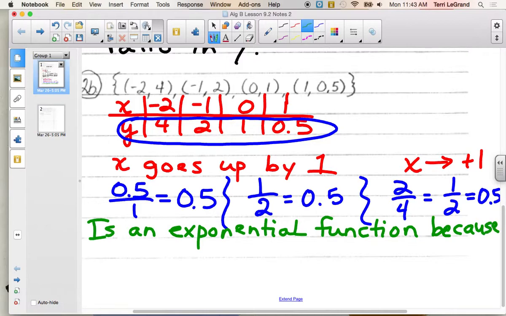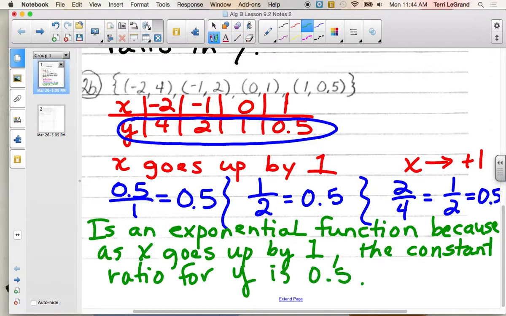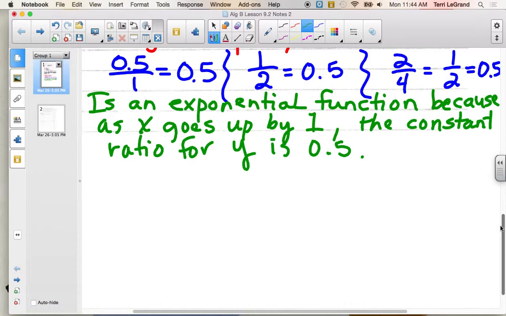So it is an exponential function because as x goes up by 1, the constant ratio for y is 0.5. So those are justification.